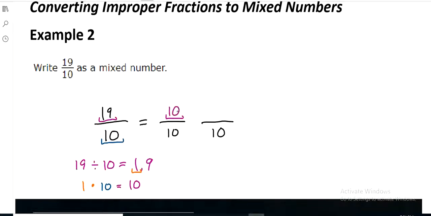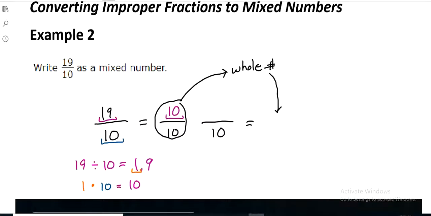That tells me I can put 10 as my first numerator. Now remember, this is going to turn into the whole number in our mixed number. But before we get to that, let's look at this.